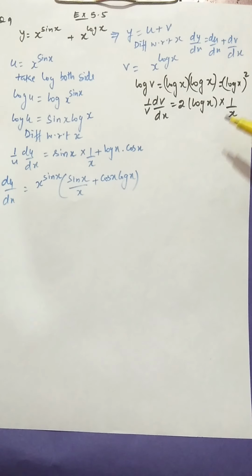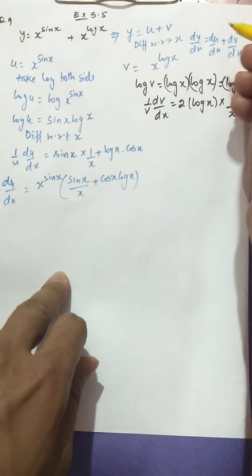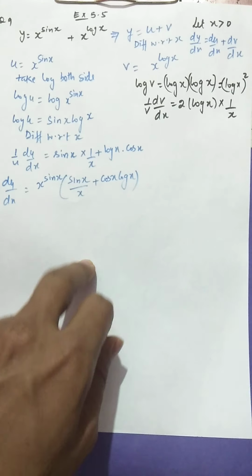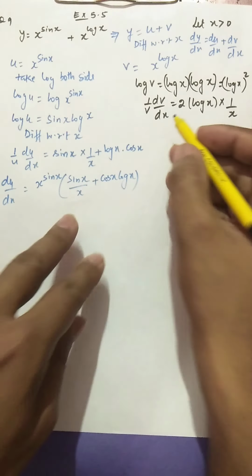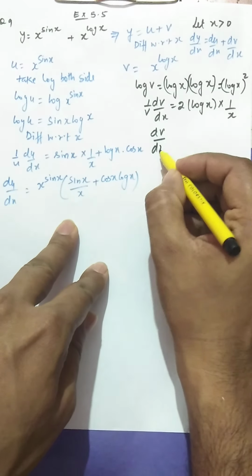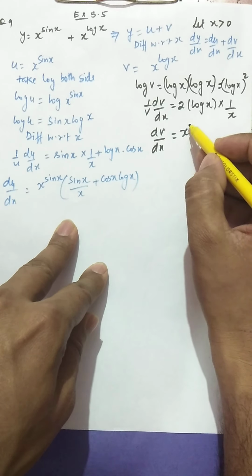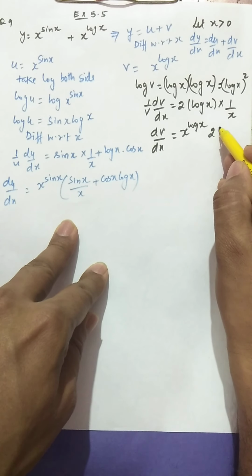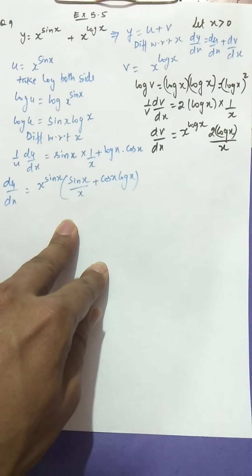Here I am assuming that x is positive. So in the beginning of the question, I can mention that x is greater than 0. If you mention x greater than 0, then you have no need to put the mod. So from here your dv upon dx will be, you do the cross multiplication, v is your x log x, and this will become 2 log x upon x.